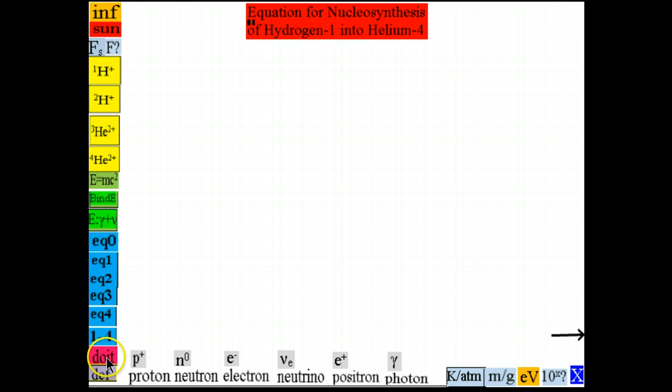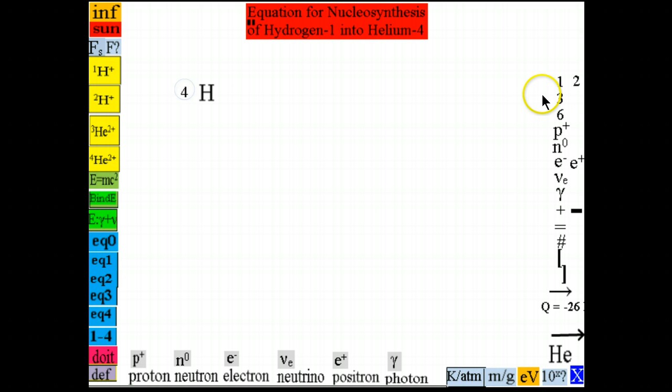Here I have my button Do It. I double left click, and I want to remember that what I needed was 4 H1, which has a positive charge of +1. So I take 4 of those.